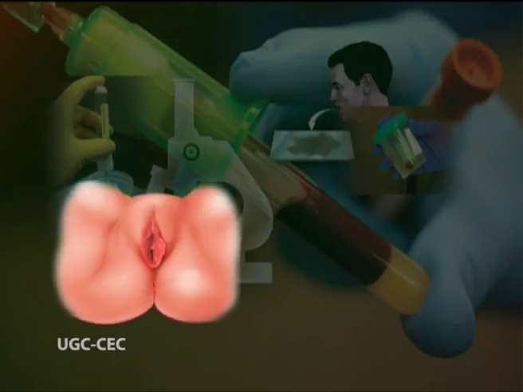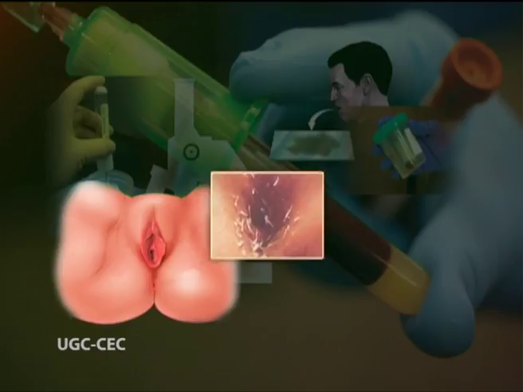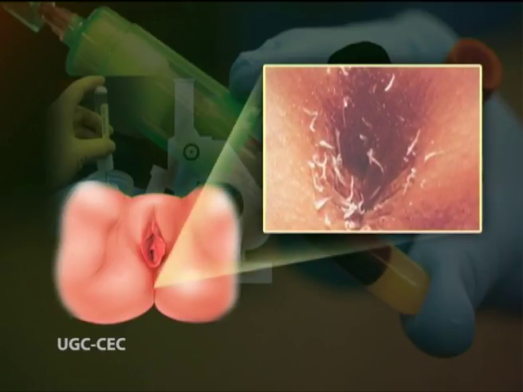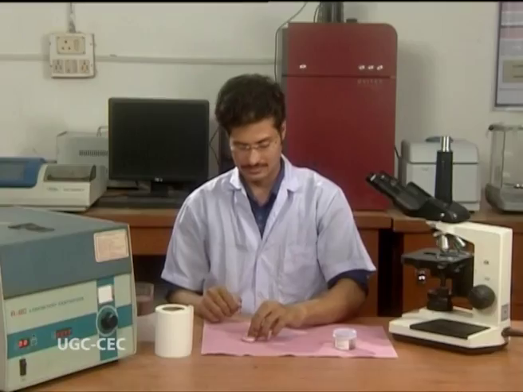For the identification of Enterobius vermicularis, that is threadworm or pinworm, material should be obtained first thing in the morning on awakening by using a clear adhesive tape, for example sellotape, on a slide.